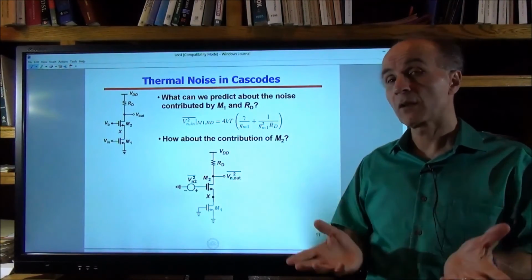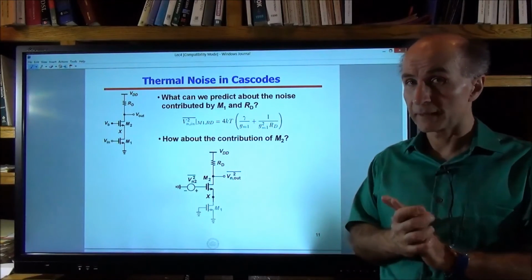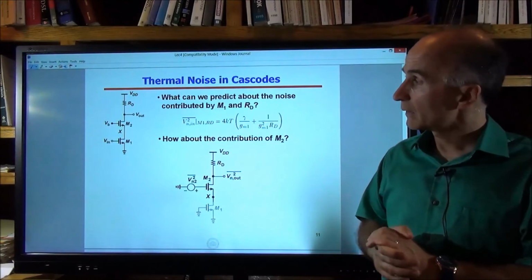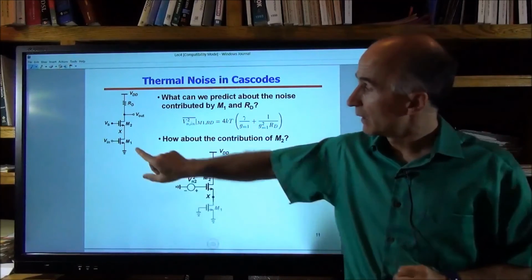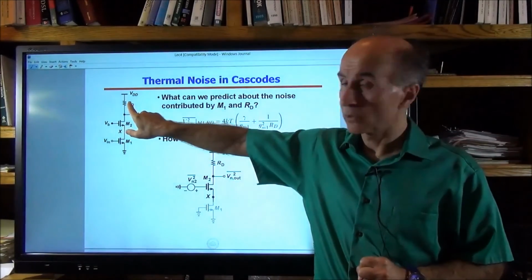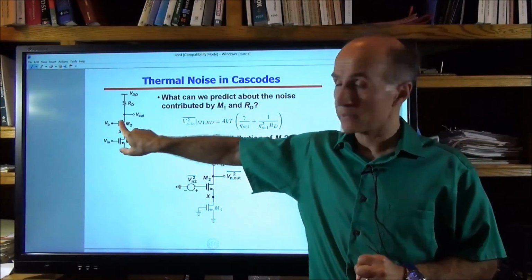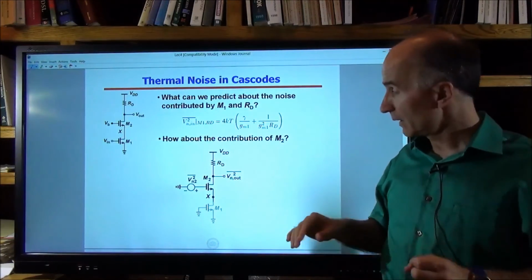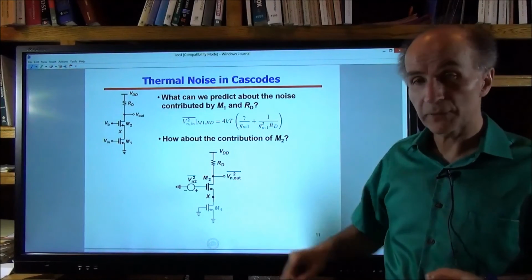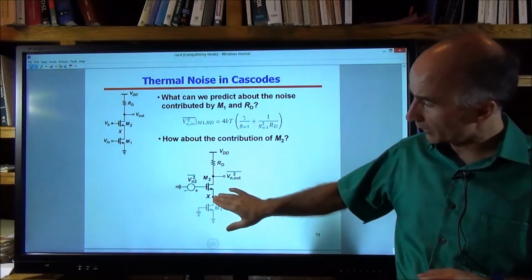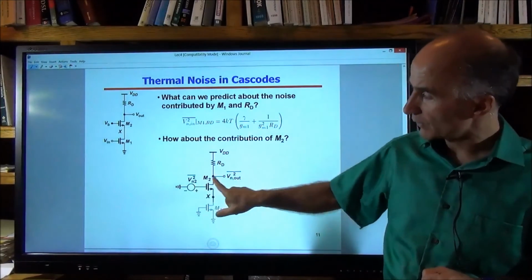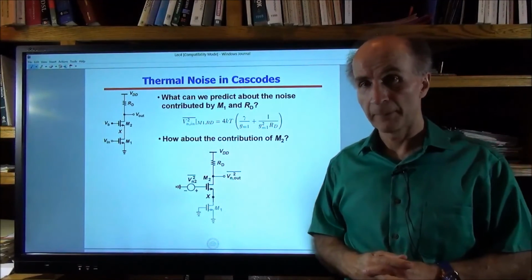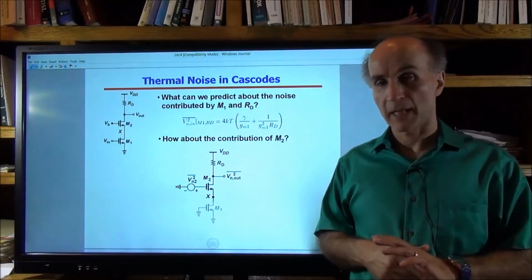So in general, in a well-designed cascode, the only contributors should be the input transistor and the load, but not the cascode device. The only exception is at very high frequencies, where this capacitance to ground produces a lower impedance, so it allows this noise voltage to partially be amplified. But that rarely happens in actual designs.